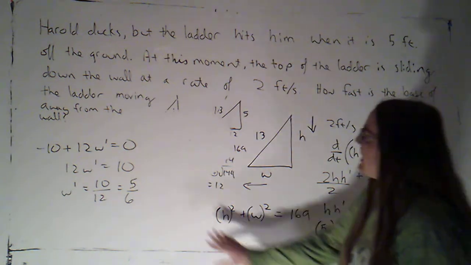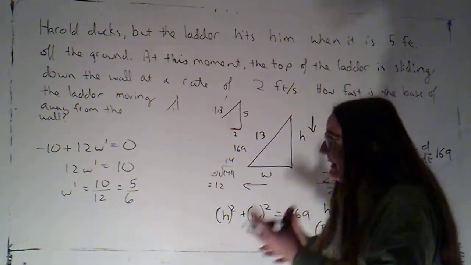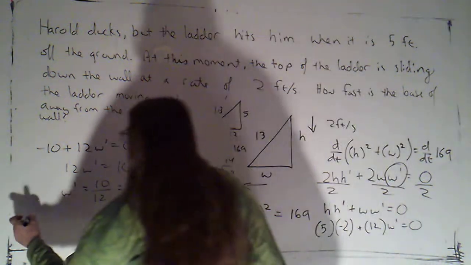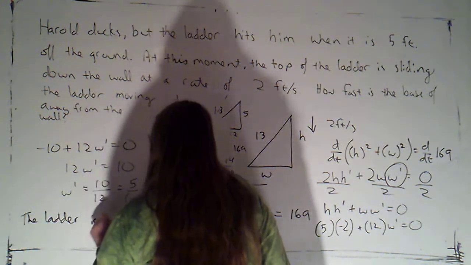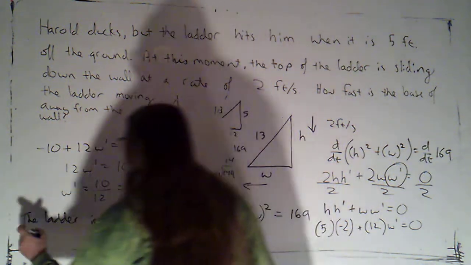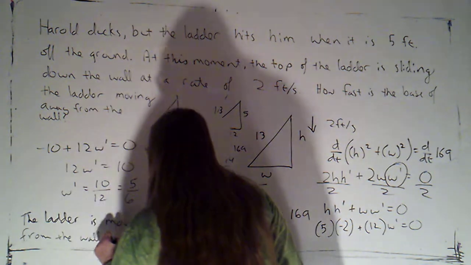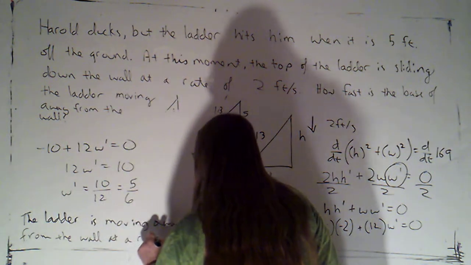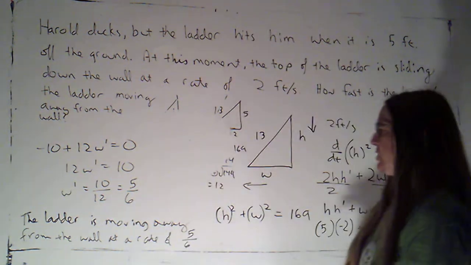Okay, let's see. We want to then answer the question in English, so we'll say the ladder is moving away from the wall at a rate of 5/6, and then let's get the units.